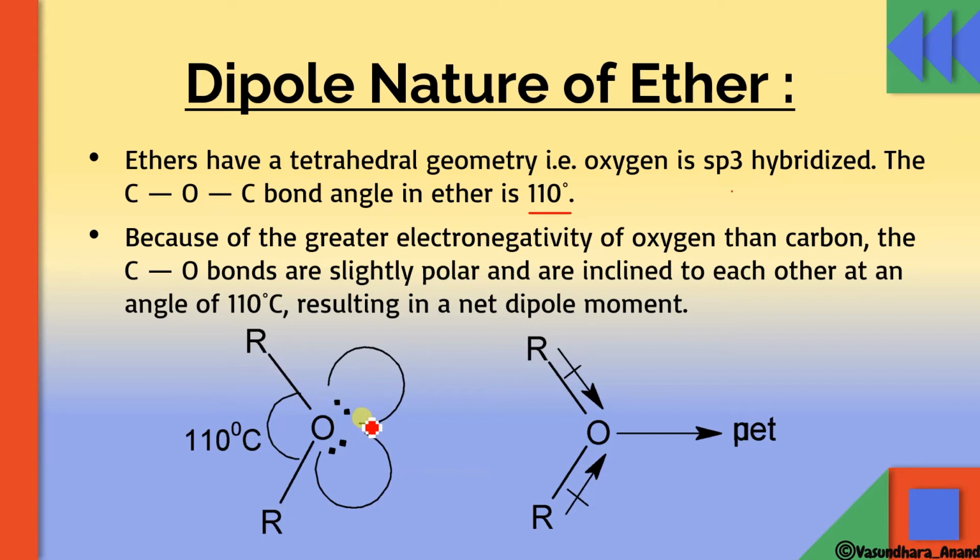The lone pairs move in this way, and that's why the bond angle, which should have been straight, is slightly tilted and becomes 110 degrees. So the net dipole moment cannot be zero in that case.